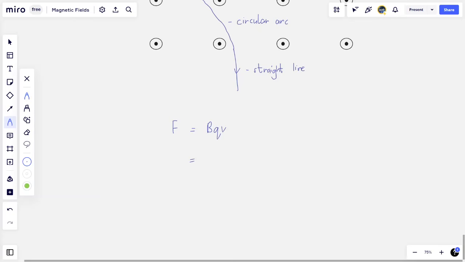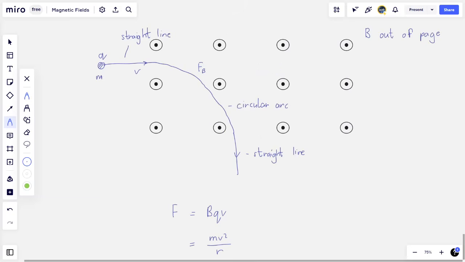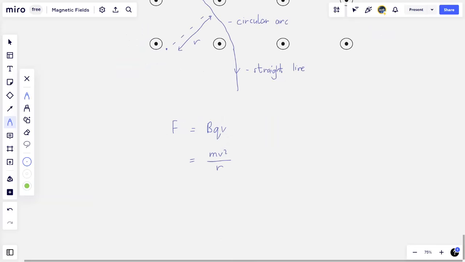But this, from our knowledge of circular motion, is mv squared over r, where r is the radius from the center of the circle to the point on the circle. So BQV equals mv squared over r. That means the radius of the circular path, with a little bit of mathematics, is mv over the flux density B times the charge Q.